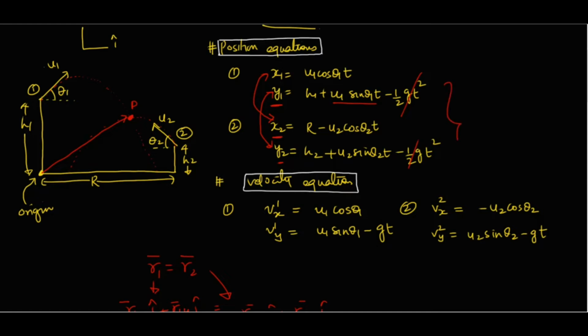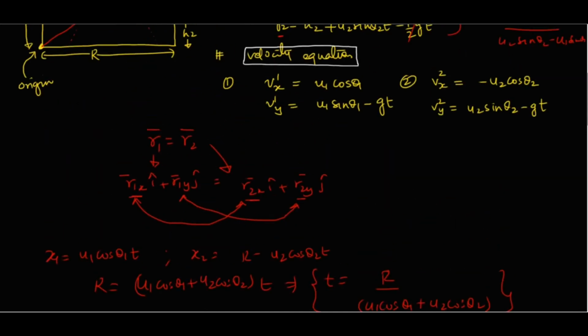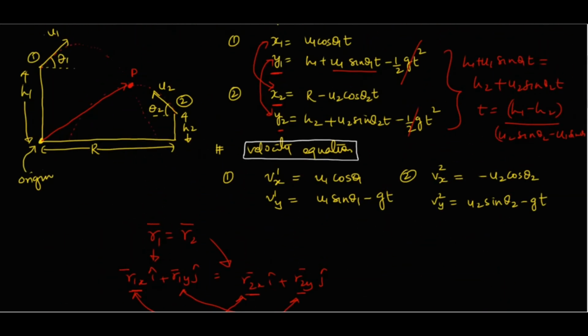So h1 plus u1 sine theta 1 t is going to be equal to h2 plus u2 sine theta 2 t, and this can be written as t is going to be h1 minus h2 divided by u2 sine theta 2 minus u1 sine theta 1. Okay, sorry, right, so this is sine theta 1.